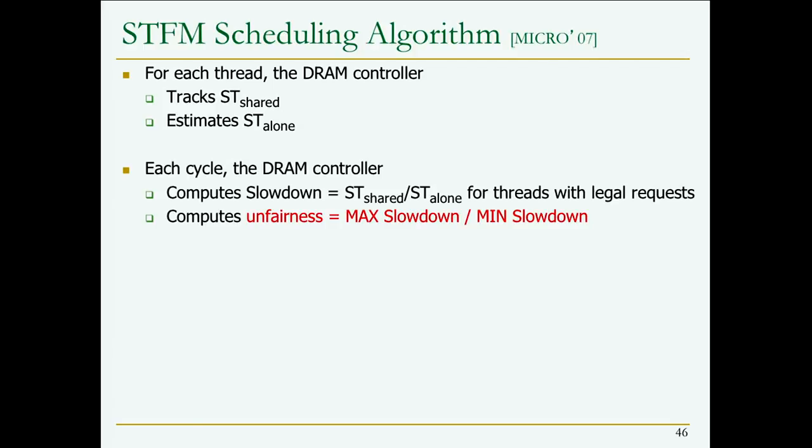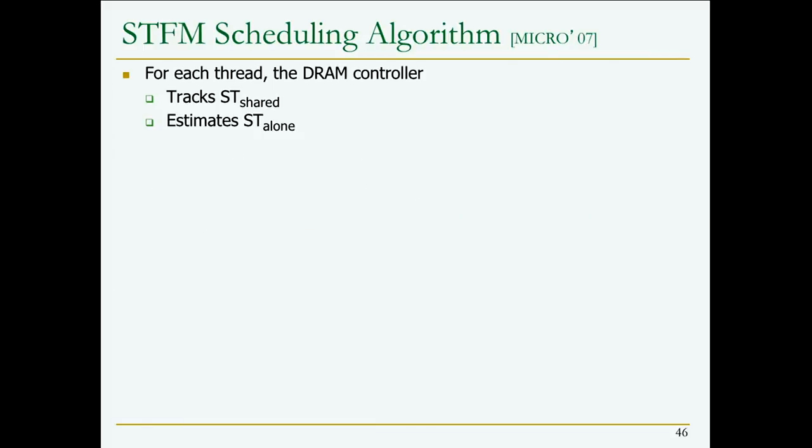And I'm not going to talk about that, but basically, the key insight is whenever you have a thread A, let's say, that has a request outstanding, and it cannot be serviced in the memory controller because a thread B is being serviced because of some contention, then you count some cycles, saying that, these are the cycles that I'm waiting because there's some interference from some other thread. And you keep counting those cycles.